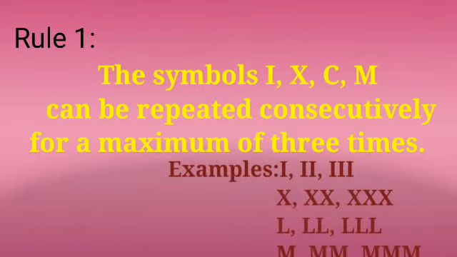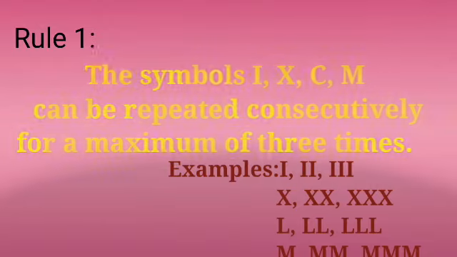For example, there are single I, 2 times I, 3 times I, similarly single X, 2 times X, 3 times X. I, X, C, M can be repeated consecutively for a maximum of 3 times to get Roman numerals.